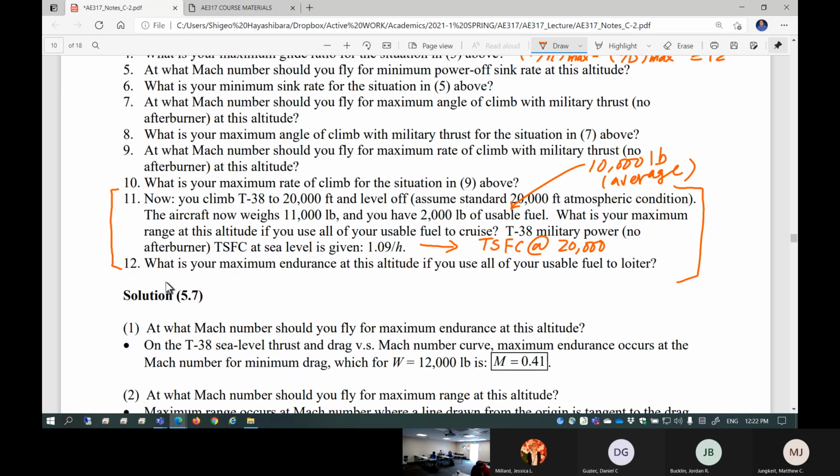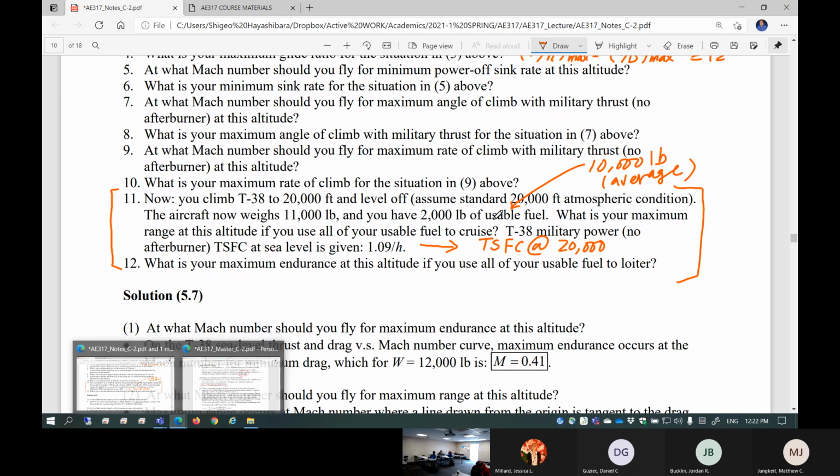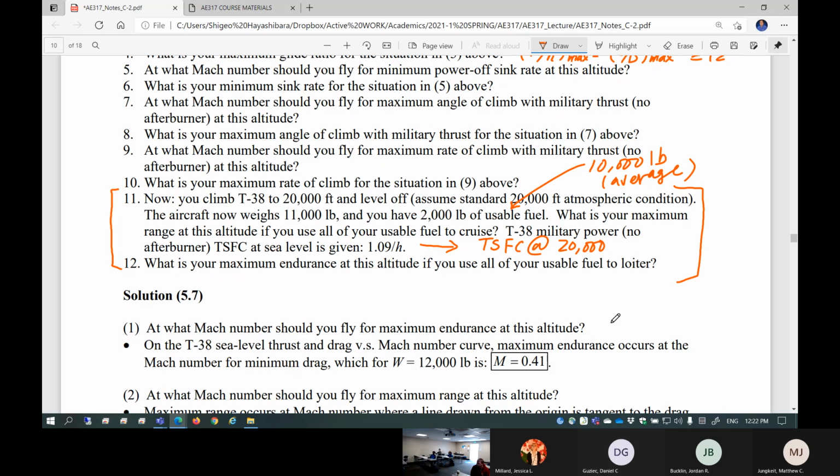Then question 12 is, what is your maximum endurance at this altitude if you use all of your usable fuel to loiter? Those two are quite interesting questions. Loiter means endurance. So this is maximum endurance, and this is the maximum range. Those are different conditions.